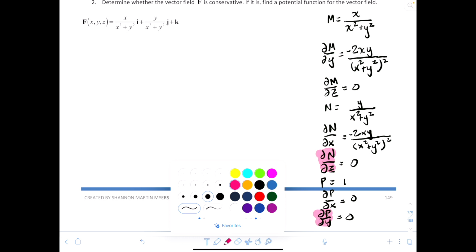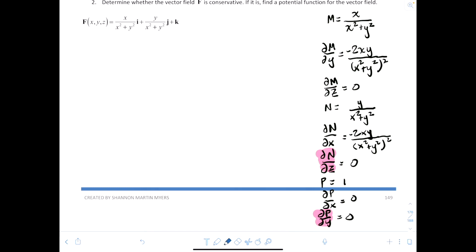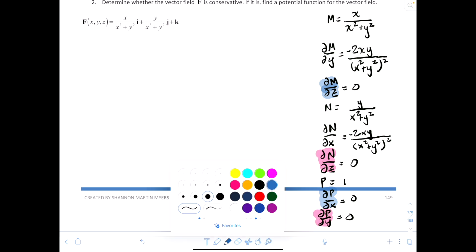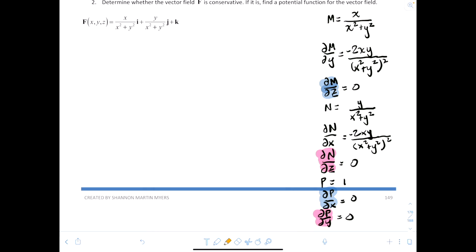And what else needs to match? The first partial of P with respect to x has to match the first partial of M with respect to z. dP/dx is 0, and the first partial of M with respect to z is 0. And then finally, the last two are equivalent.